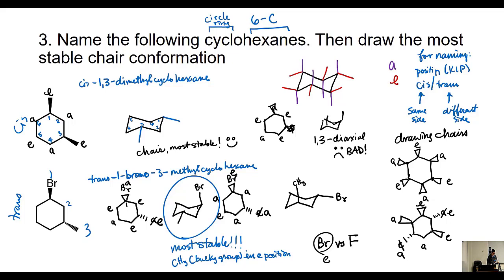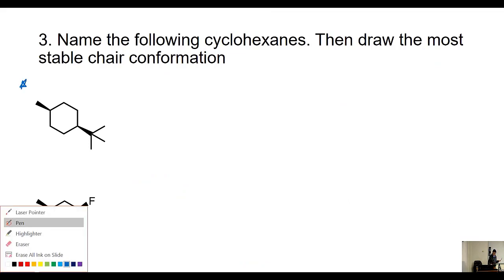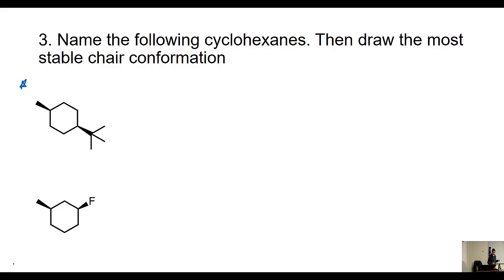Okay, this one. So let's first name this one. This top one. Okay, so first of all, which one is going to be higher priority on the Cahn-Ingold-Prelog rules? Tert-butyl. Yep, okay. Alright, purple, so this is methyl, and then this is going to be 1, 2, 3, 4, 5, 6.